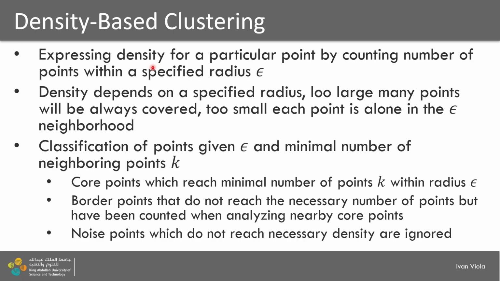So we can express the density for a particular point in our data landscape by counting the number of points within a specified radius epsilon. So for each data point, we are looking at a certain radius epsilon, which is a small neighborhood around that point in an n-dimensional space.